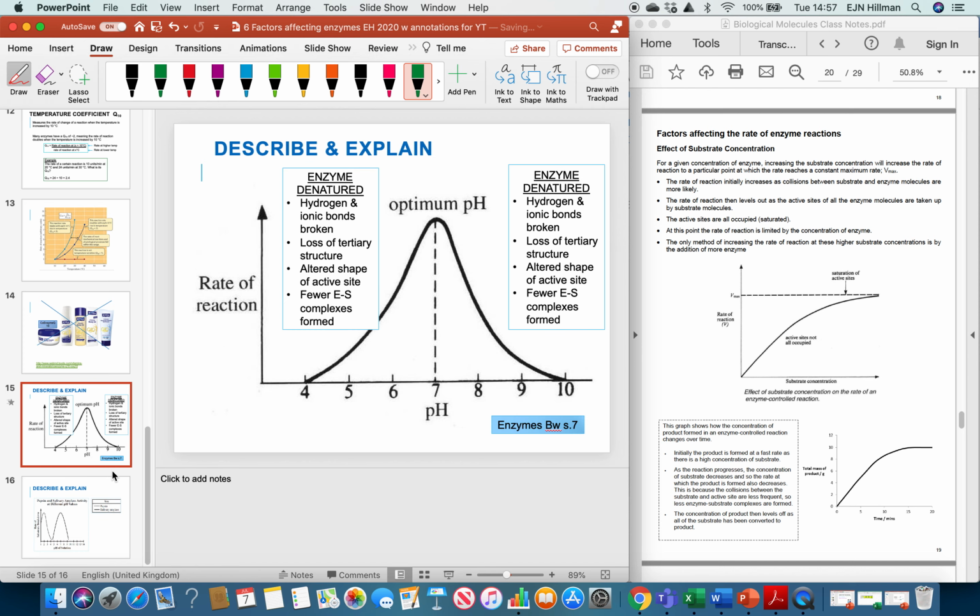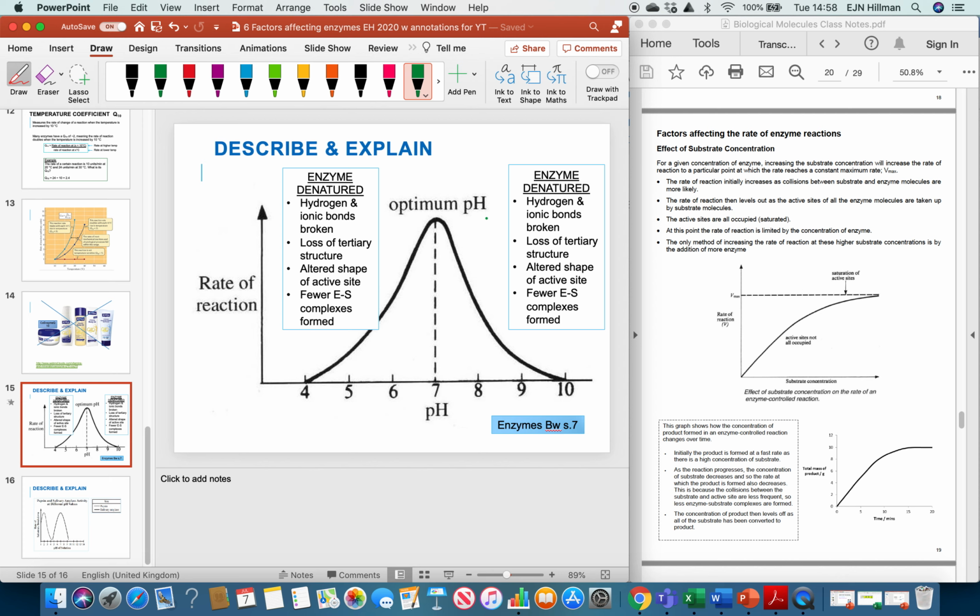Okay. Last bit that we'll look at is the effect of pH. So with pH, similarly, I suppose, to temperature, there is an optimum pH at which enzymes perform their function. At that optimum pH is where the enzyme is in its correct shape and its active site is most complementary to the substrate.